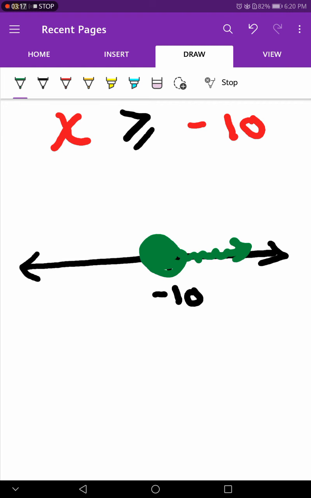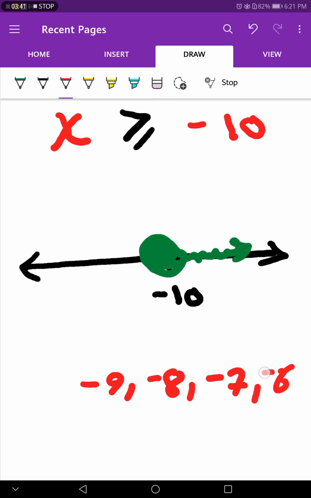So what are the numbers that exist at the right of negative 10, Yaman? At the right? Yes. What are the numbers? Negative 9. Yes. And negative 8. Yes. Negative 7. Yes. Negative 6.